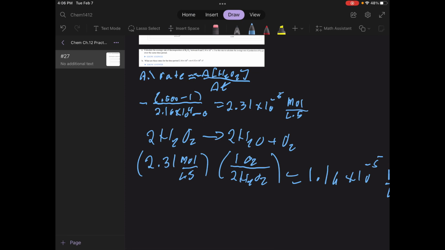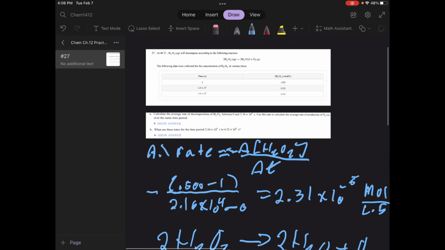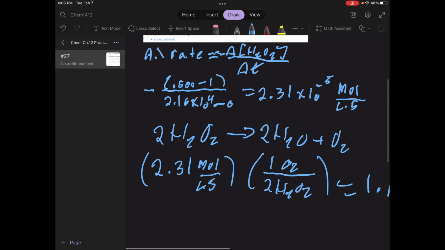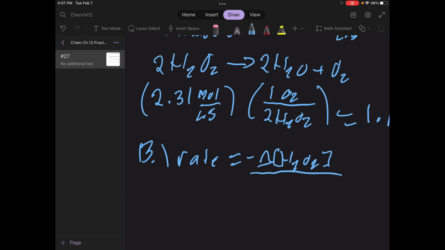And for part B, it's the same, but it wants it for the time period of 2.16 times 10 to the 4th seconds to 4.32 times 10 to the 4th seconds. So we use our same equation. Part B, rate is equal to the negative change in H2O2 over the change of time.